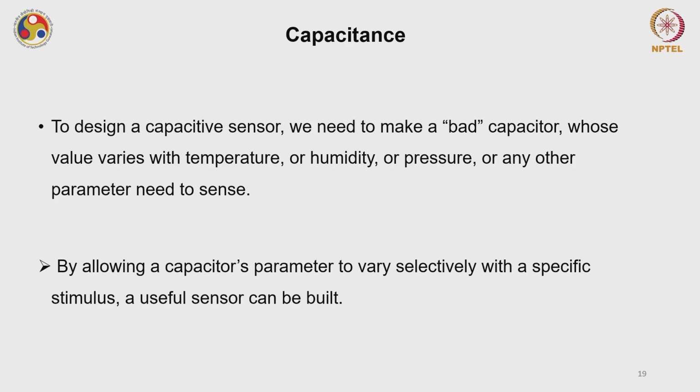However, to design a capacitive sensor, we need to make a bad capacitor, whose value varies with the ambient condition, particularly with temperature or humidity or pressure or any other parameter that I need to sense. Say, for example, consider a pressure sensor.